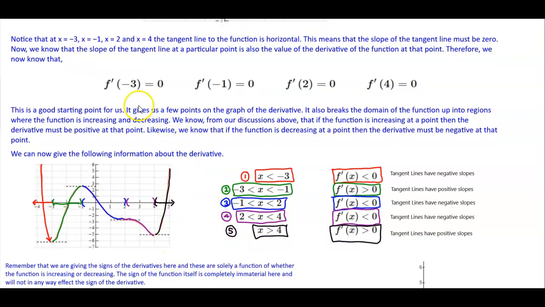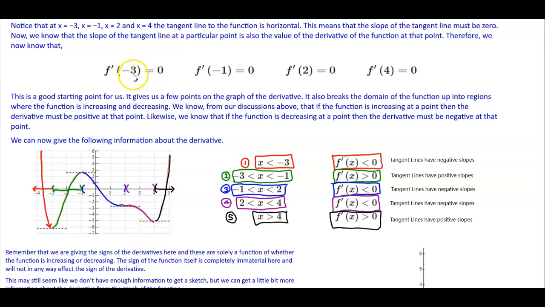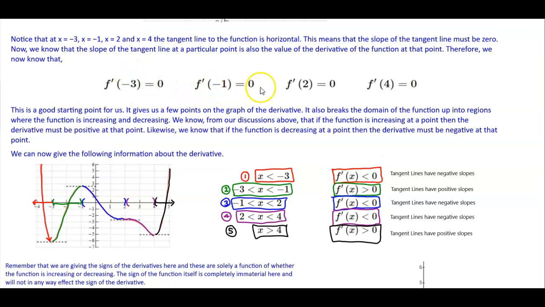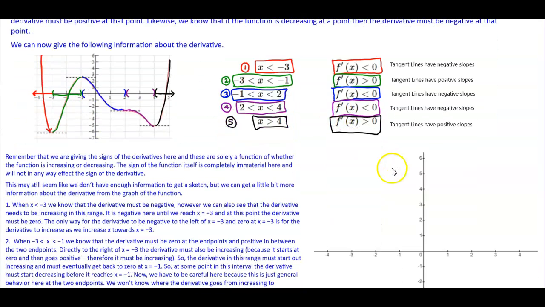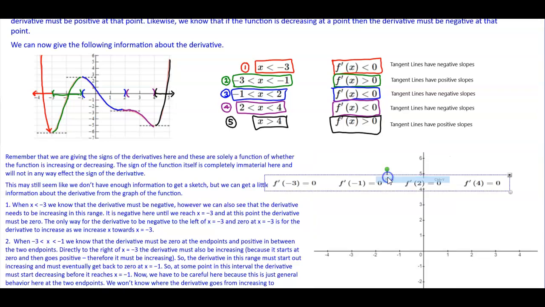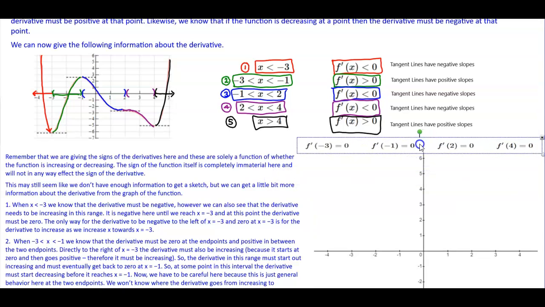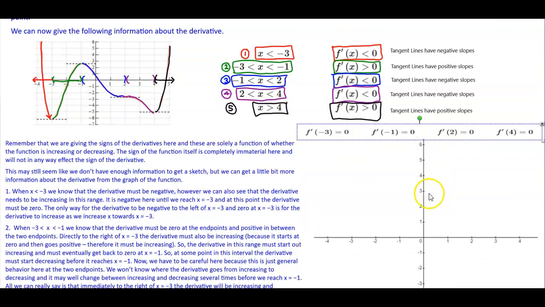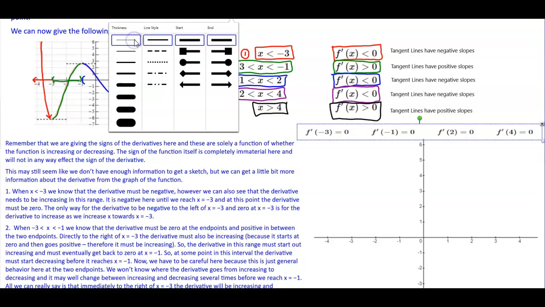So now, before we go any further, let's plot our points on the derivative graph, where we know that we have f prime of -3 is equal to 0, f prime of -1 is equal to 0, and so on. So let's go ahead and do that. So here are our points. On this graph, we have the following ordered pairs, and again, it's crossing the x-axis here.